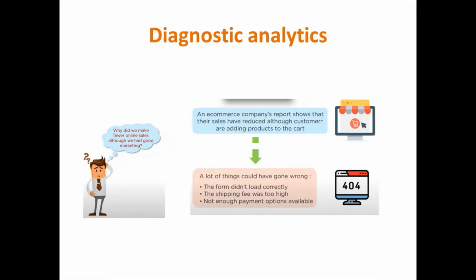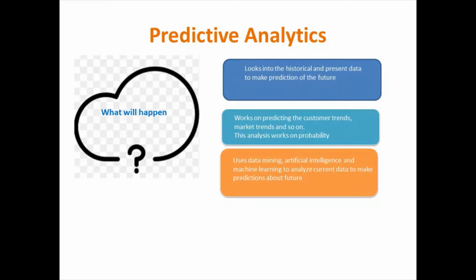And predictive analytics tries to predict what will happen. It looks into the historical and present data to make predictions of the future, and it works on predicting customer trends, market trends, and so on. We can say it's about predicting some event or predicting the future.